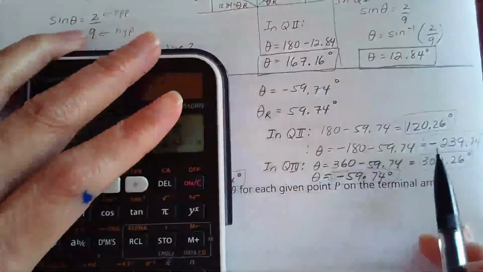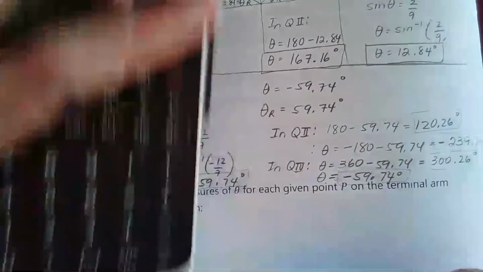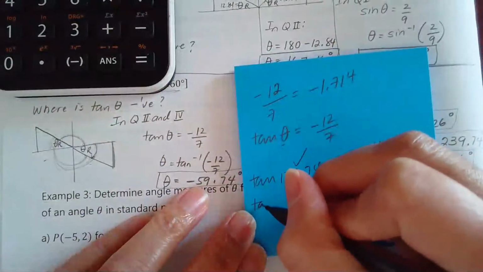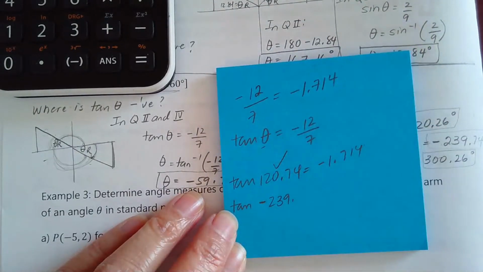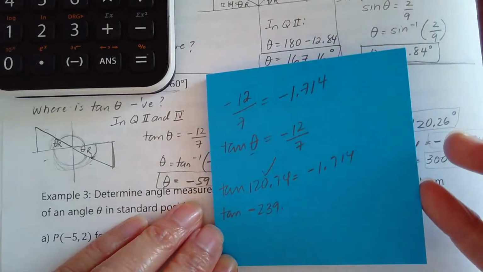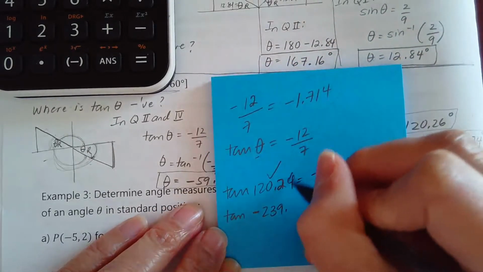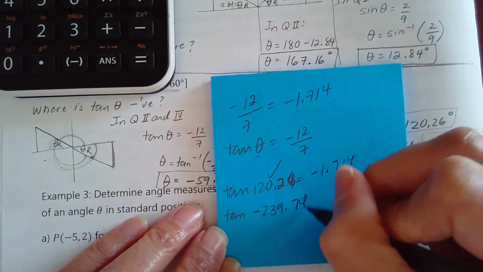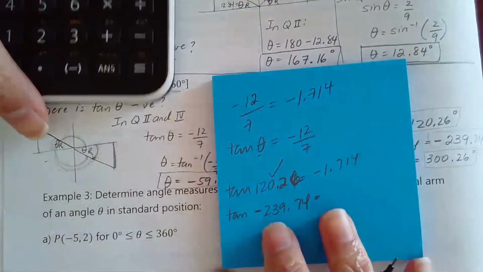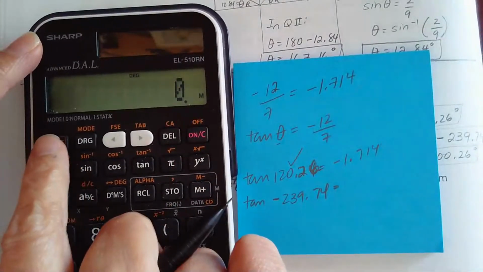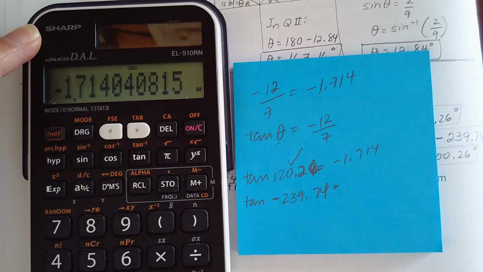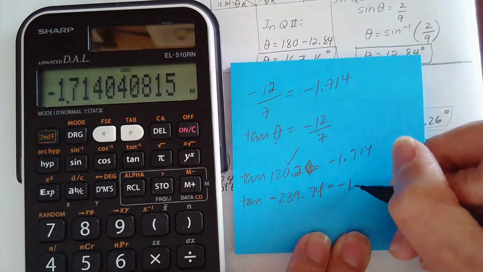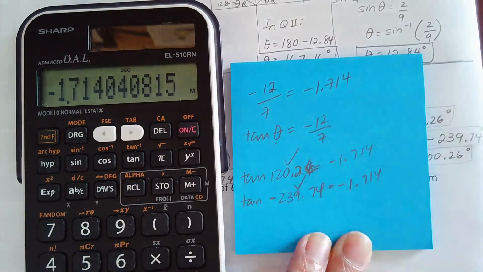Let's do another one. What about the tan of negative 239.74? I'm not doing tan inverse, it's just the tan. Tangent of negative 239.74. Oh, okay, I got pretty much the same thing, negative 1.714, so that one's correct.